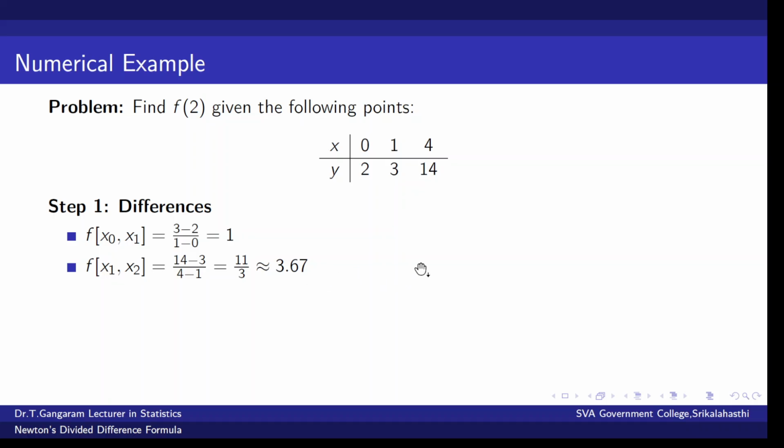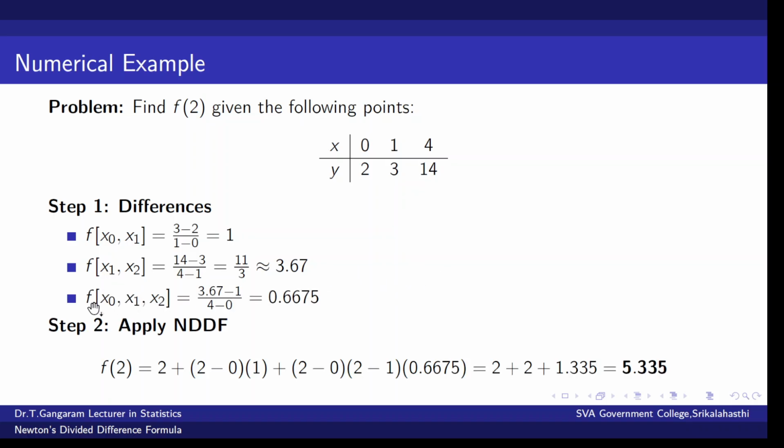This is equal to 3.67 approximately. The second order difference f of x0, x1, x2 is 3.67 minus 1 divided by 4 minus 0. This is 0.6675. Applying Newton divided difference formula, f of 2 is equal to 5.335.